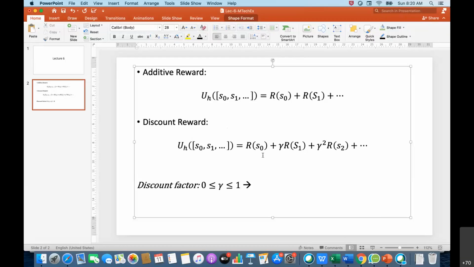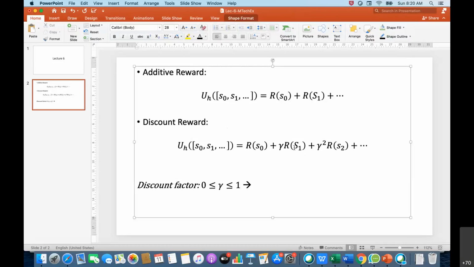That is, you are assigning the highest weightage to R(S0), that is the reward of the current state, and you are almost ignoring the near futures.